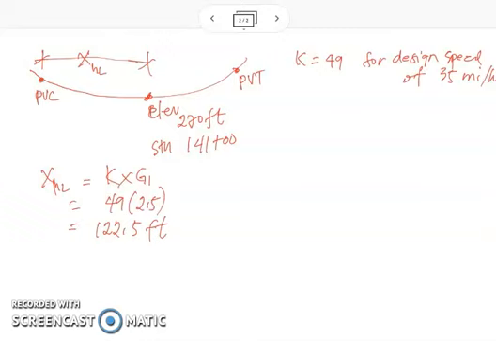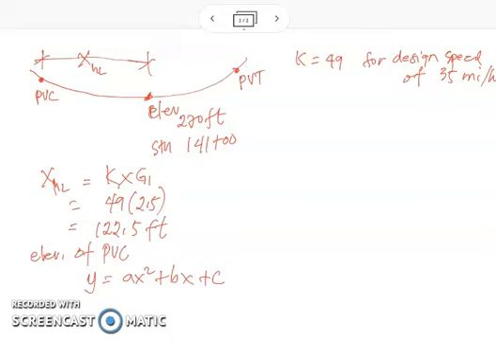So for the elevation of PVC, the formula that you will be using is the parabolic equation, y is equal to ax squared plus bx plus c. We have now the value for y, which is the elevation at any point on the curve. So for this one, we're referring to the elevation of the lowest point, which is equivalent to 270.